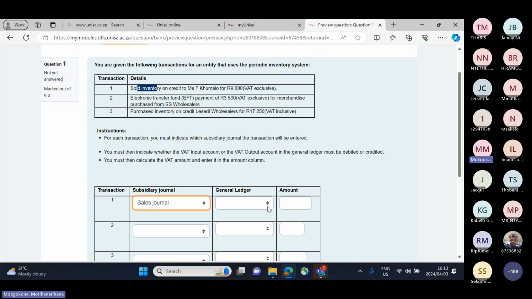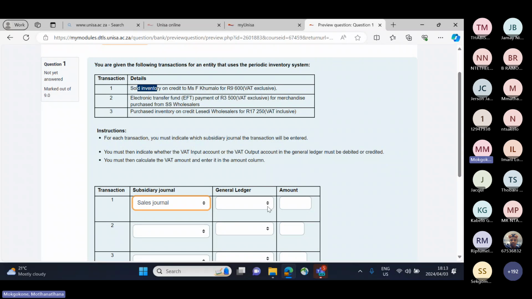I remember in our last discussion before assessment 2, we said VAT input is VAT claimed by the entity on the purchase of goods or rendering of services on credit. That's why VAT input is an asset. It can be claimed back from SARS by the entity if the entity is a VAT registered vendor.